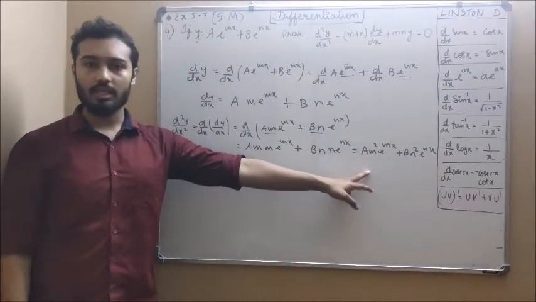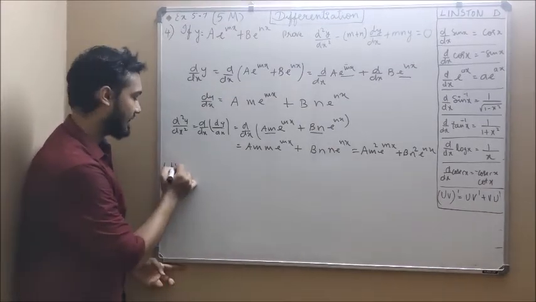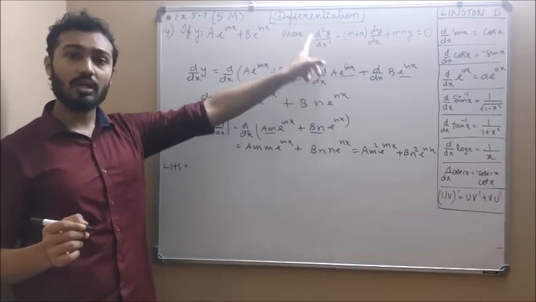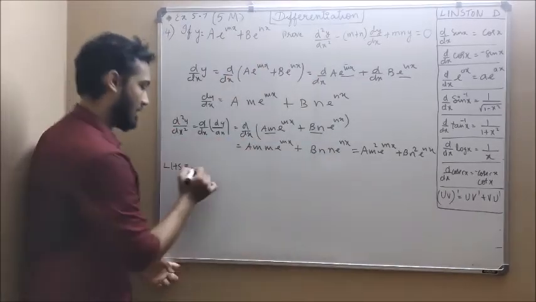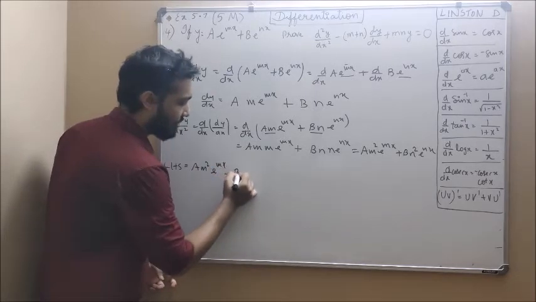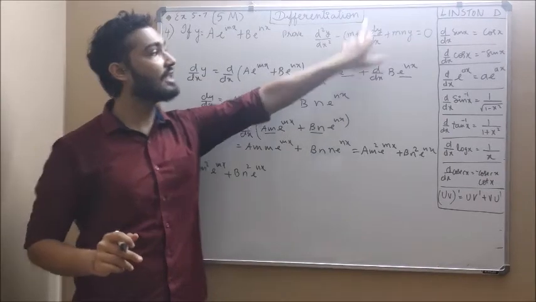So this is the second order derivative. Now we have to get this, so take the LHS. What is the LHS? d²y/dx², which is a m² e^(mx) plus b n² e^(nx). Next we have minus (m plus n) into dy/dx. What is dy/dx?